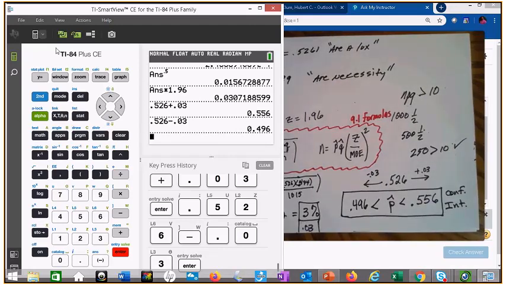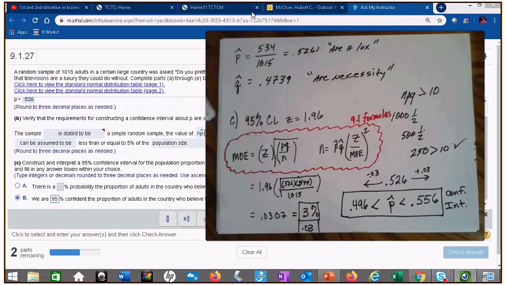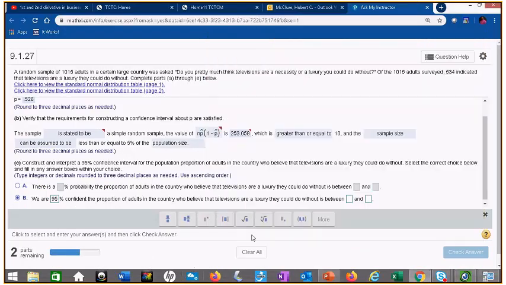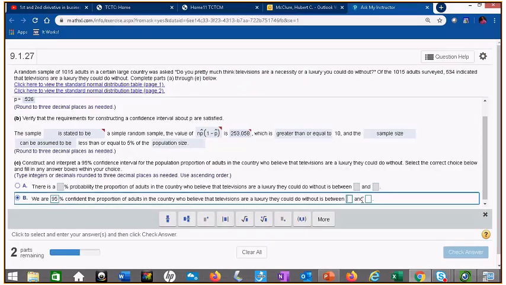So let's go back to the 0.496 and 0.556.